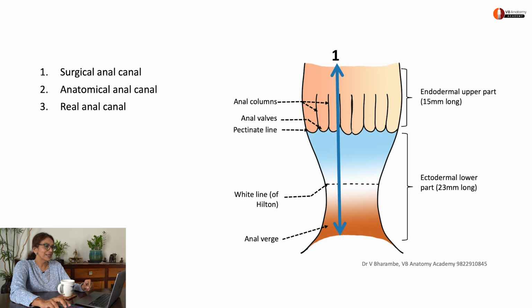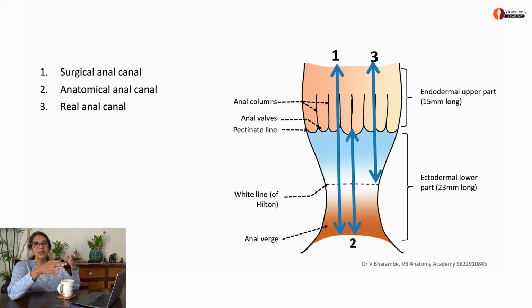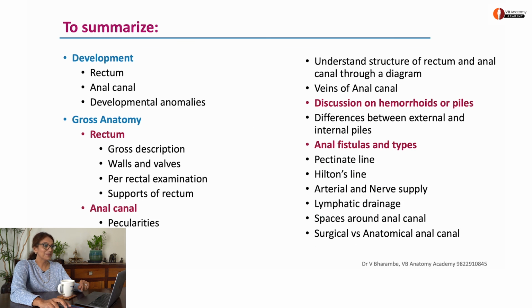For example, surgeons say that the anal canal is all three parts, whereas the anatomist says that only the part below the pectinate line is the anal canal. So that's called the anatomical anal canal. And finally, the real anal canal, a lot of people say, is the first and the second part. The third part, according to them, is just the skin. So I'll leave it to you to interpret your anal canal as long as you understand it and use it well.